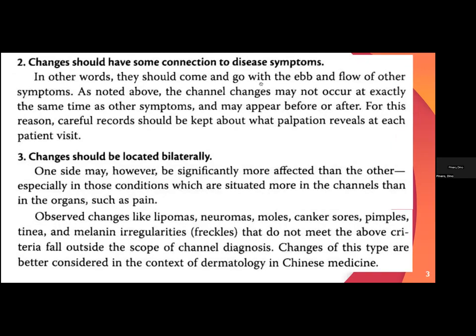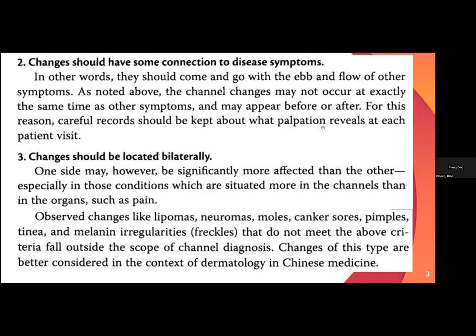Next, changes should have some connection to the disease symptoms. So yung nakita po nating changes, connected or relevant dun sa pathology or invasion sa katawan ng pasyente. In other words, they should come and go with the ebb and flow of other symptoms. So related po dapat.